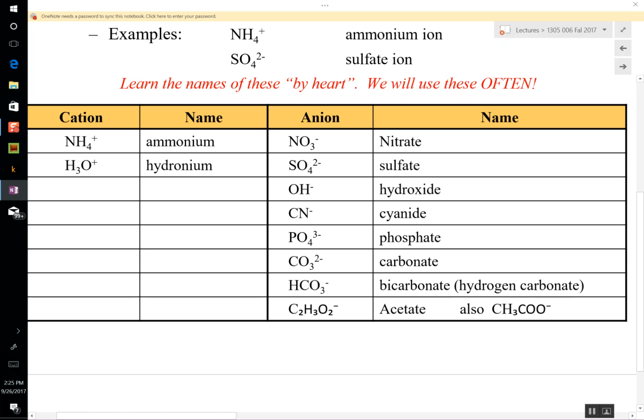And don't get this confused with this. Okay, a little spelling change, and you're talking about two different ions. This is the sulfide ion, and this is the sulfate ion, SO4 with a -2 charge.